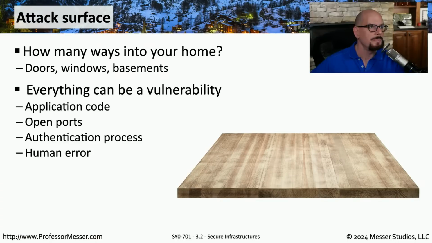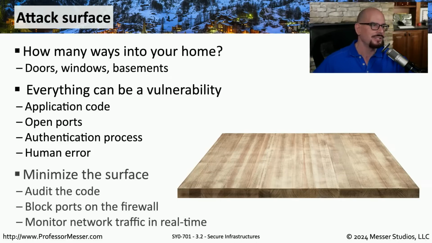One of the ways to minimize your attack surface, that's usually the term that we talk about, is how do we minimize our attack surface? Well, we can audit the code that we're running on that device and see if there's any vulnerabilities. It's a relatively difficult thing to do, and you may not even have access to the code. Maybe you have a firewall and you can limit what type of traffic is going through the firewall to that server.